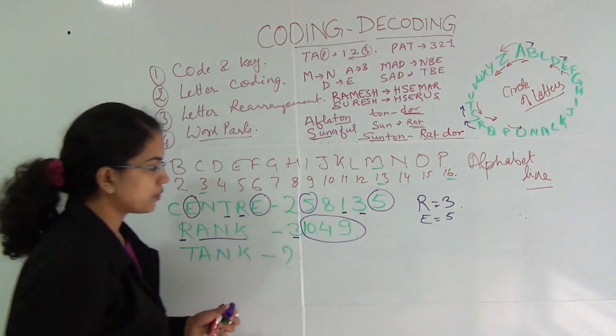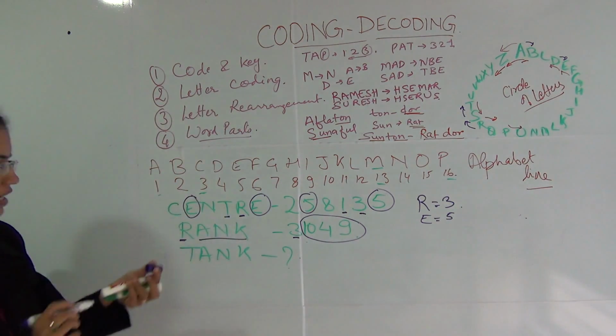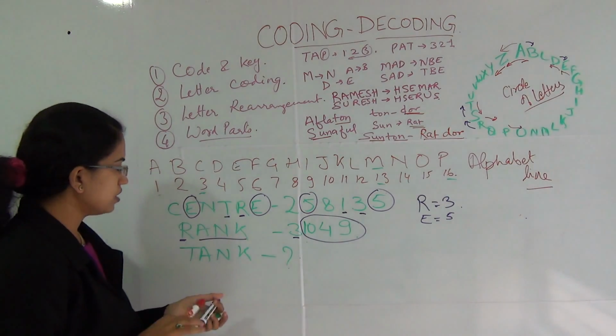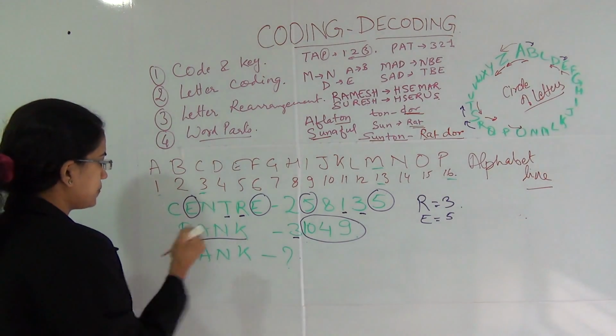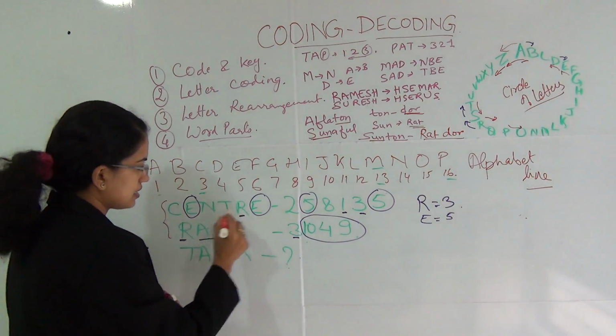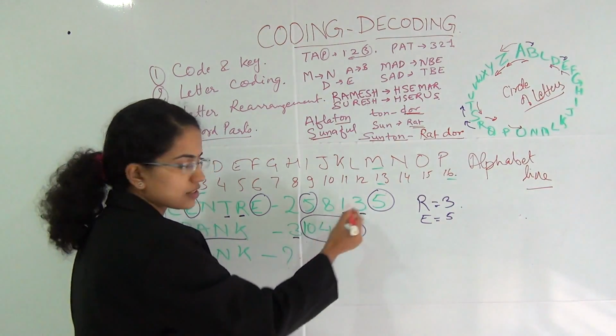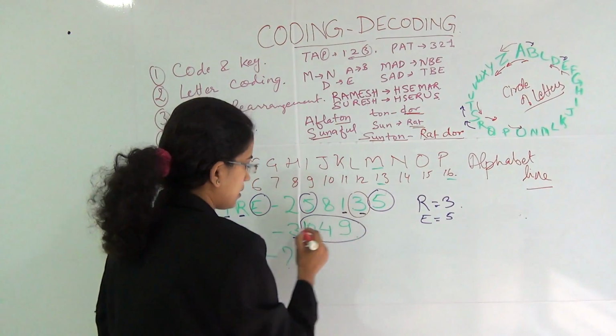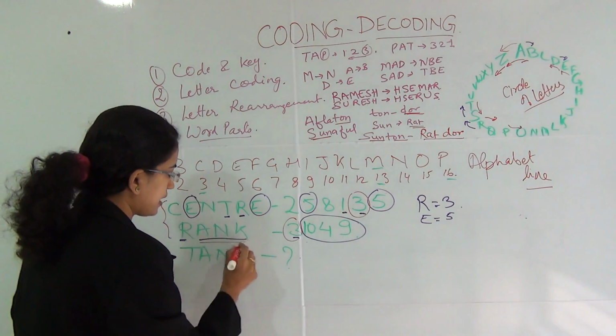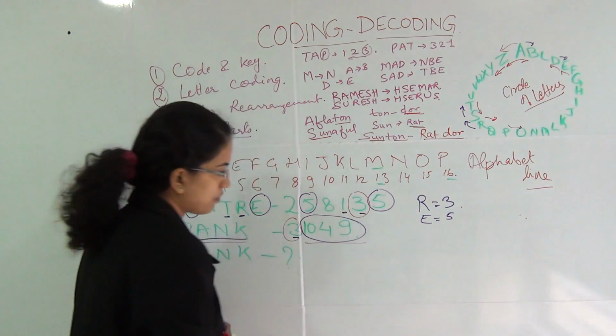So even if I don't know anything else, just based on seeing the above two choices, I can say, since R is common in both of these and the only number which is common in both of these is 3, and for A and K it should be written as 10, 4 and 9.